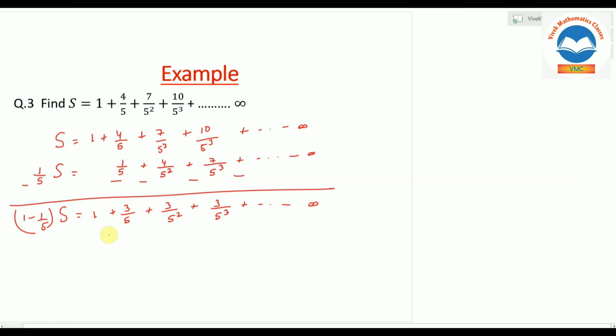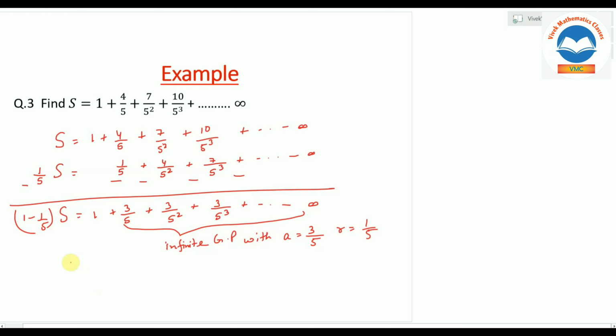So except this one, if you see the other terms, it is an infinite GP with first term a equal to 3 by 5 and common ratio r equal to 1 by 5.